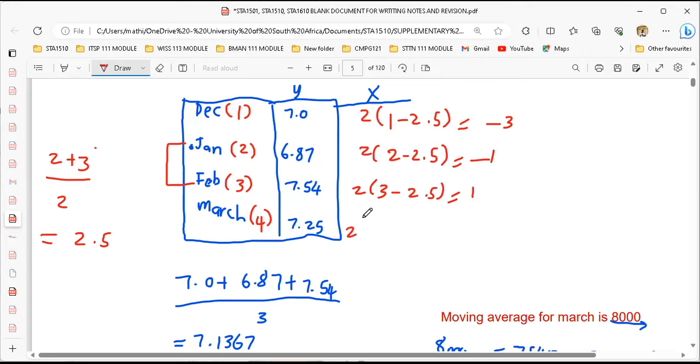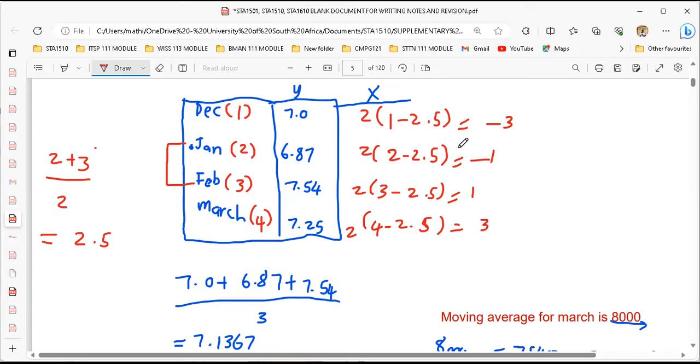And then 2 into 4 minus 2.5, and the answer that I got, if I put 4 there, is 3.